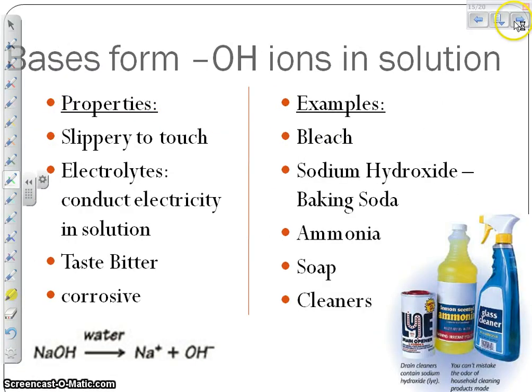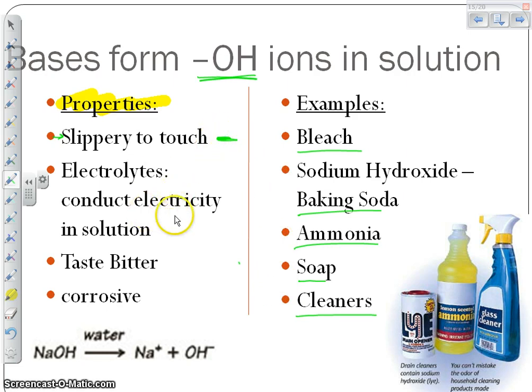Okay, bases, on the other hand, happen to form negative OH ions, or OH minus ions, in solution. And again, our properties for the bases: they happen to be slippery, and that will make sense in the way we remember that, as most of your examples for bases happen to be cleaners: bleach, baking soda, ammonia, soap. Most cleaners tend to be basic, and that should help you out with the whole slippery thing.